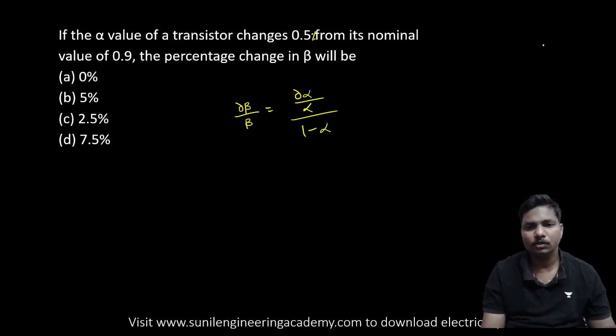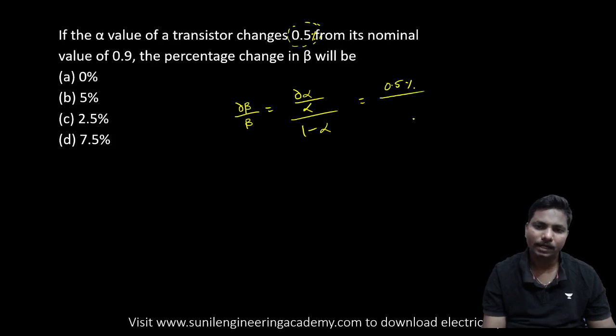We know beta is equal to alpha by 1 minus alpha, so dβ by β is equal to dα by alpha into 1 minus alpha. The change in alpha is 0.5 percent divided by 1 minus alpha, which is 1 minus 0.9, that is 0.1. So you will get 5% change.